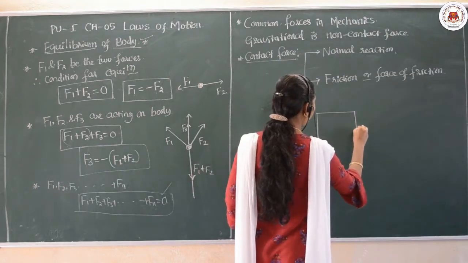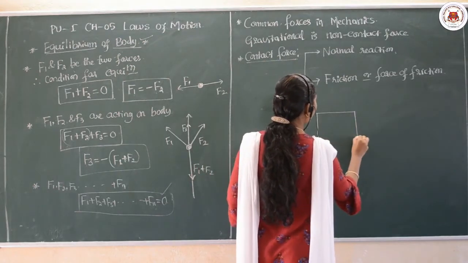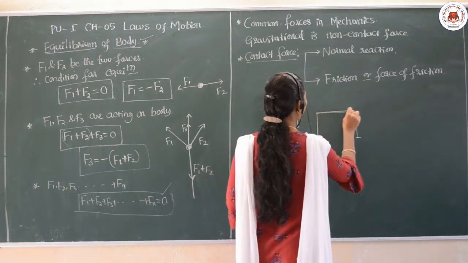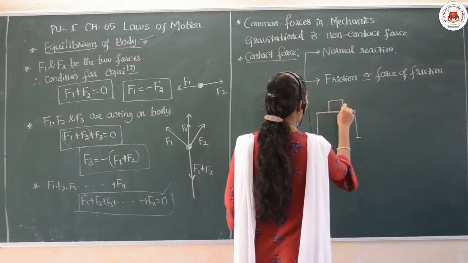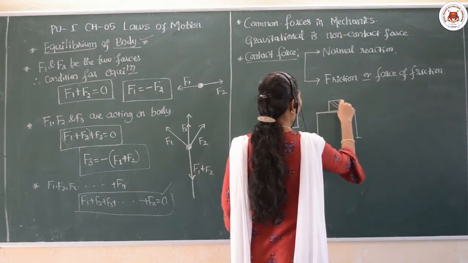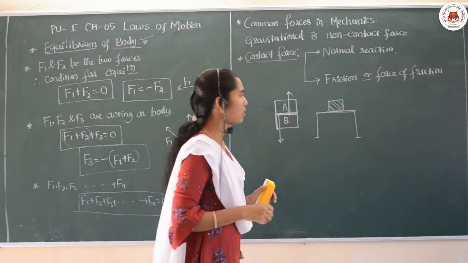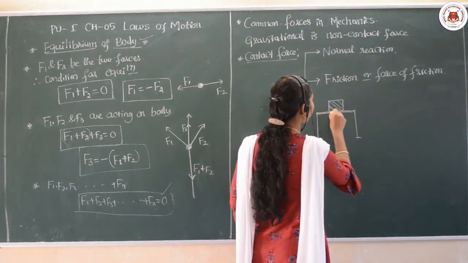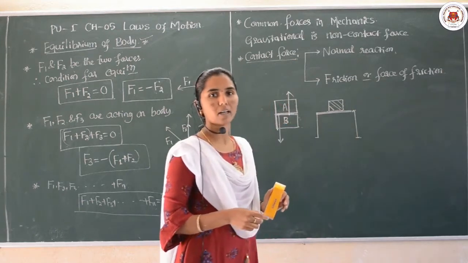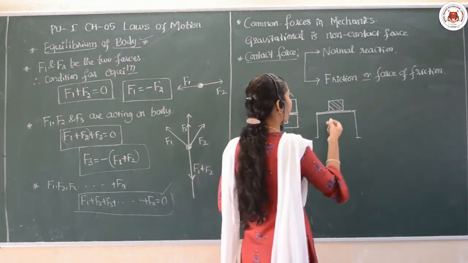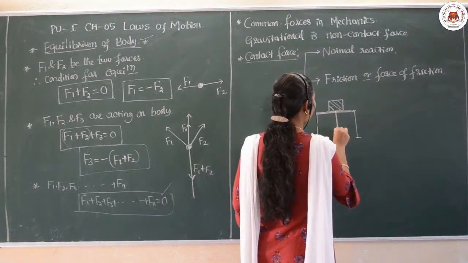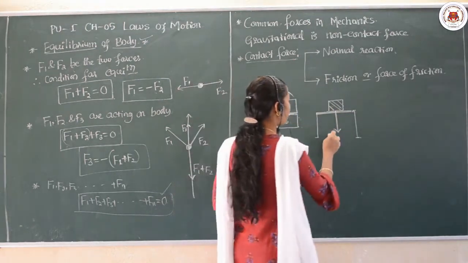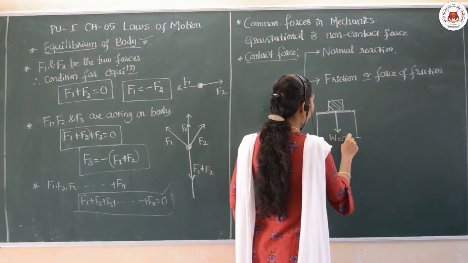Or else, let us take another example here. Here is a table, right? So on this table we have kept one book, or any material, you can assume a book or any material. Then see in this case what happened? The surface of the book and the table are in contact, right? And here the book acts with its weight in the downward direction, because that is the weight of the book.